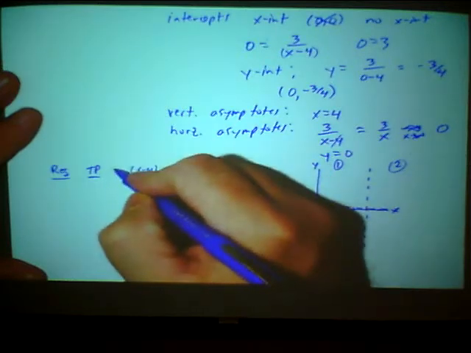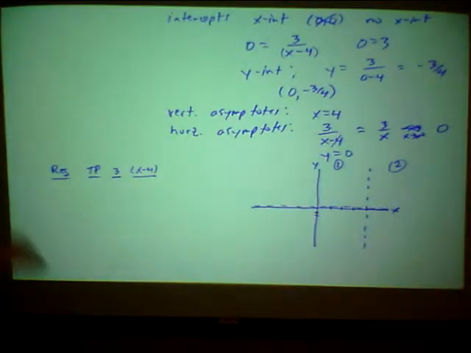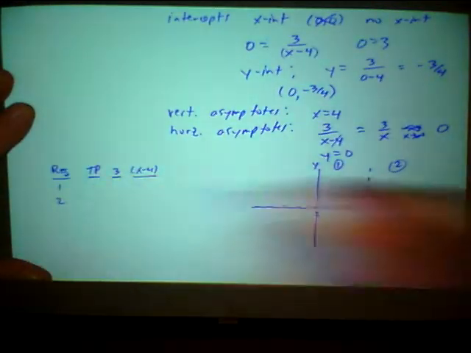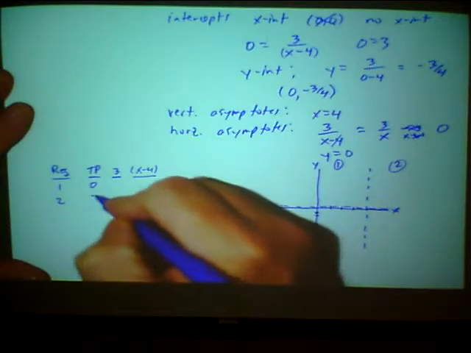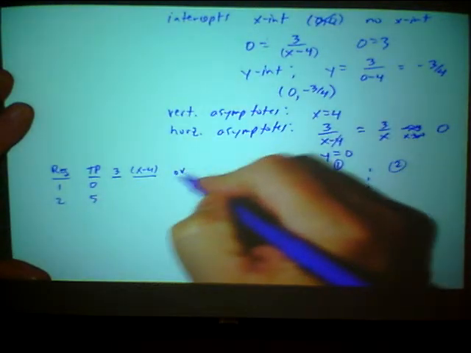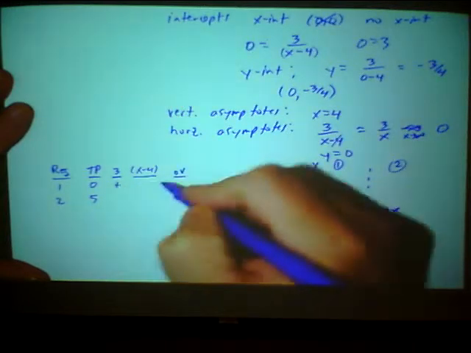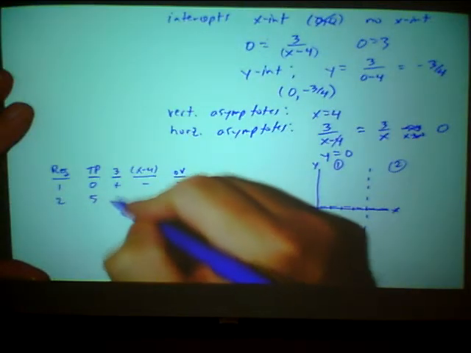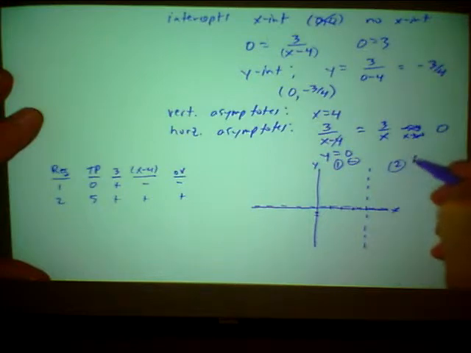I guess I could put the 3 in here, although of course it's always going to be positive, but I'll put it in there. Regions 1 and 2. I'll choose region 1, the test point is 0, and region 2, test point of 5. So for region 1, positive, negative, looks like region 1's negative. And then positive, positive. So I have a negative and a positive.